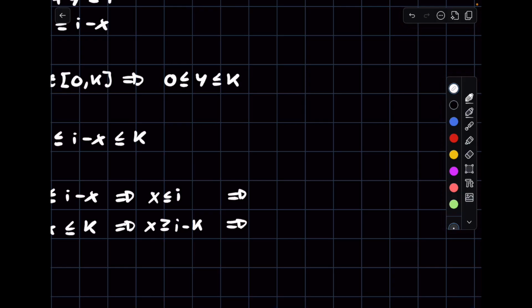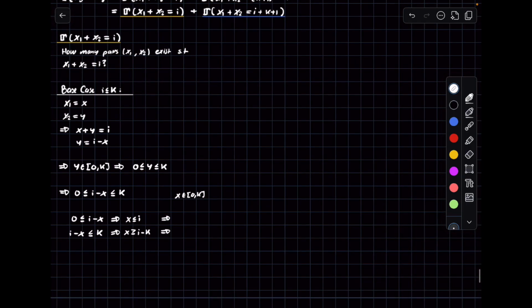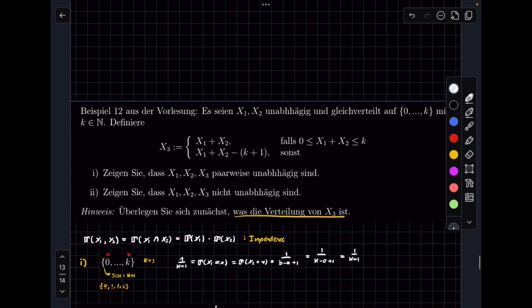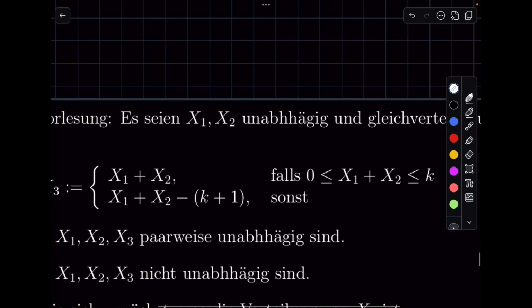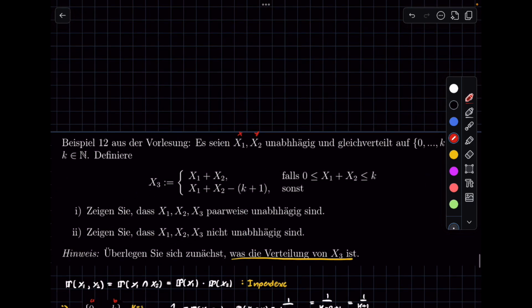Now, we want to focus that x also has to be from 0 to k. As we have stated from the exercise, it says here that both x1 and x2, which in this case we denoted x and y, are obviously distributed in the same way, so from 0 to k, right?